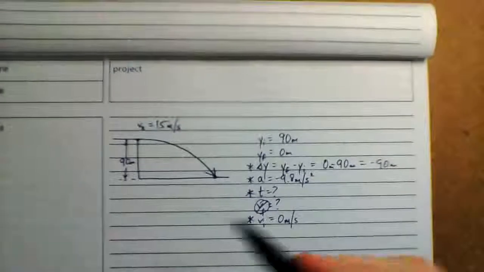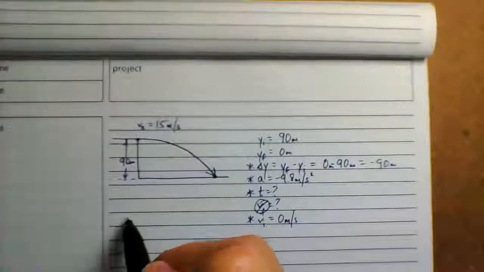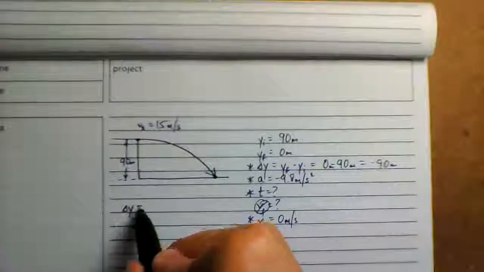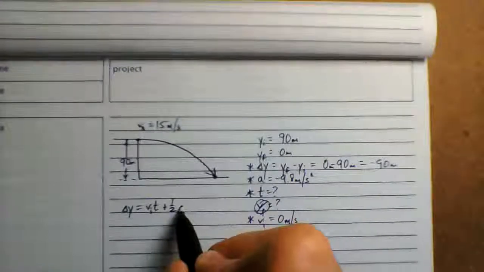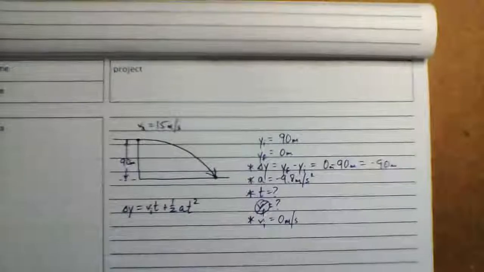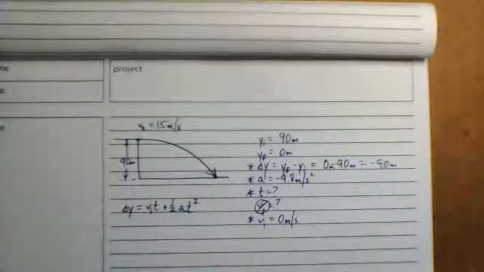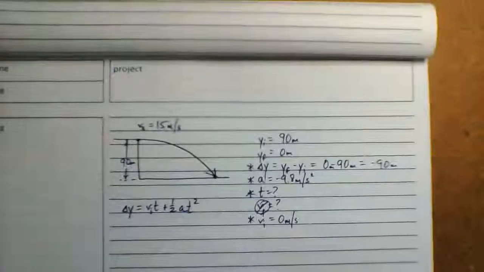And the equation that I have that has all 4 of those things in it is going to be delta y equals velocity initial times time plus 1/2 a t squared. Some of you guys are going to see this as delta y equals v_i t minus 1/2 of gravity times time squared.